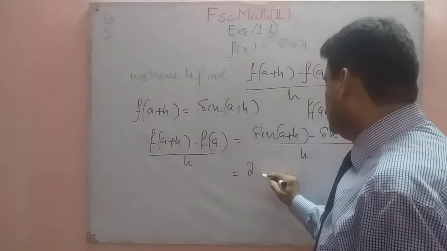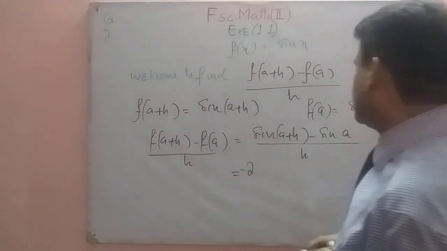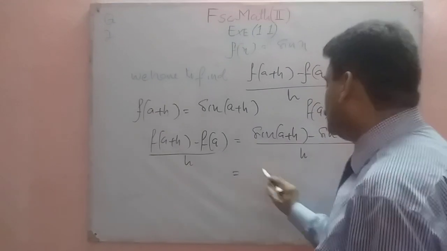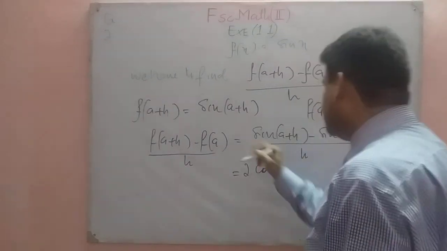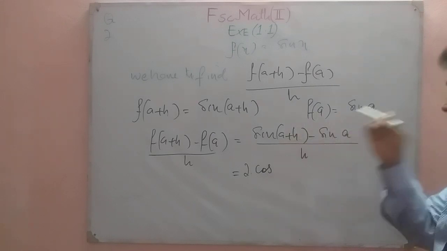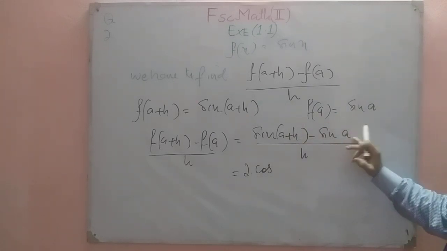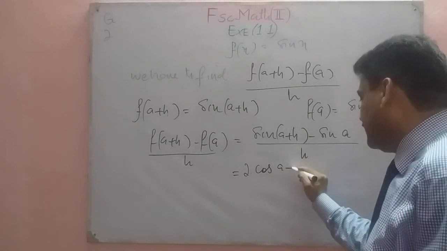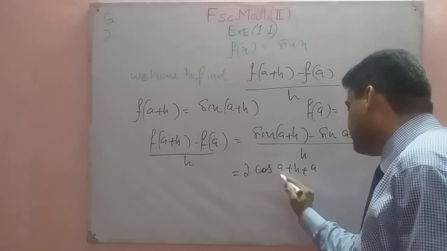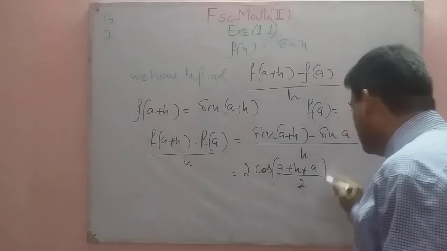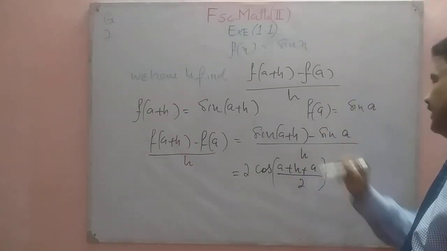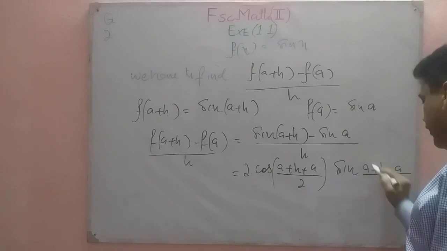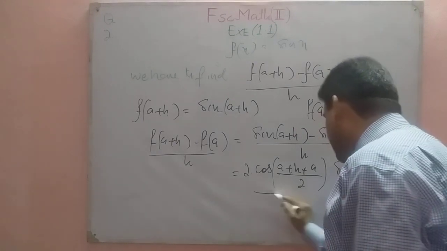Sin theta minus sin phi will be equal to 2 cos((theta plus phi)/2) sin((theta minus phi)/2). Here theta is a+h and phi is simply a. So 2 cos of (a+h+a)/2 and sin of (a+h-a)/2, whole divided by h.